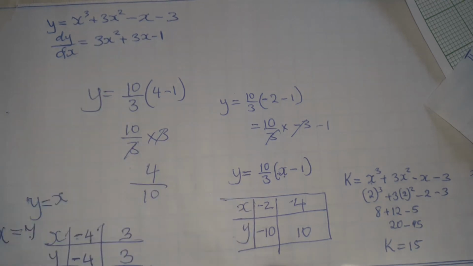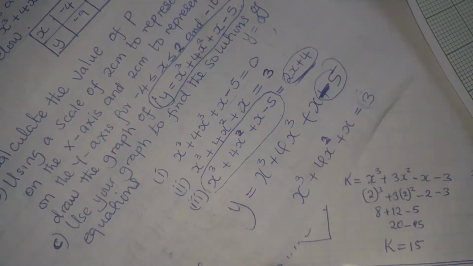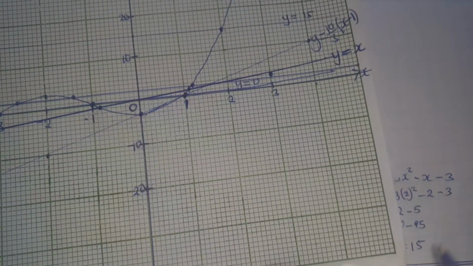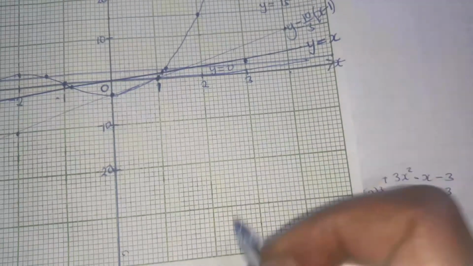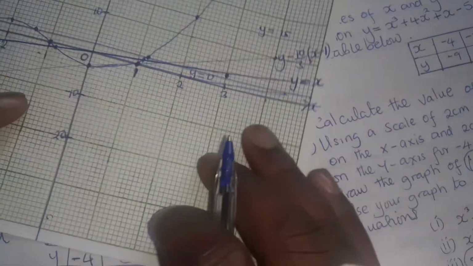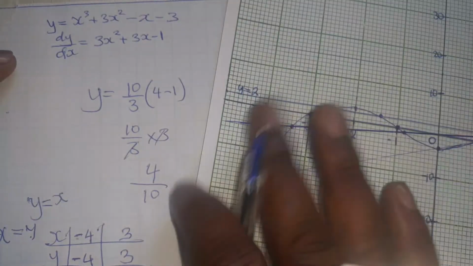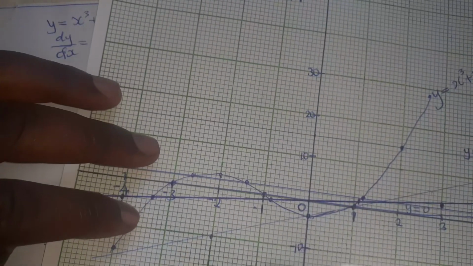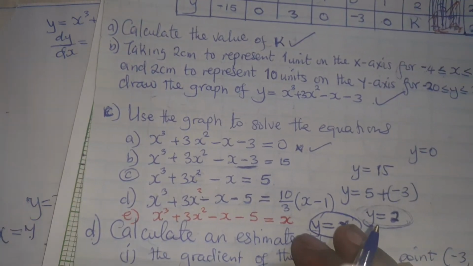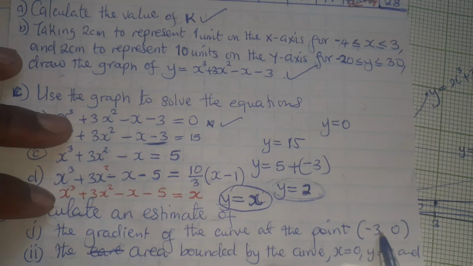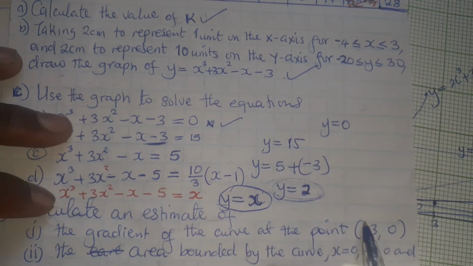In the derivative here, all the work that I'm doing, you can show it on the graph paper, somewhere where you have space. Then the question says, in that derivative dy dx, where there is x, you slot in this x coordinate.